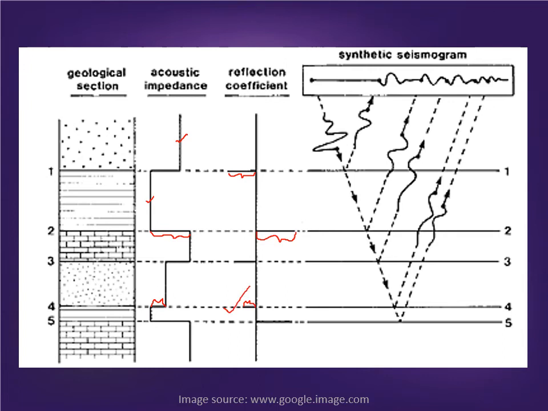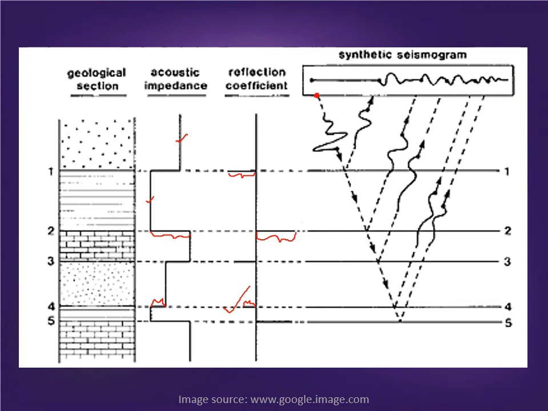Now, here is a diagram. Here you can see reflection from different layers. So here is the source from where the waves are generated. At the surface, at fixed intervals, the receptors or geophones are located, and these are not the actual positions.